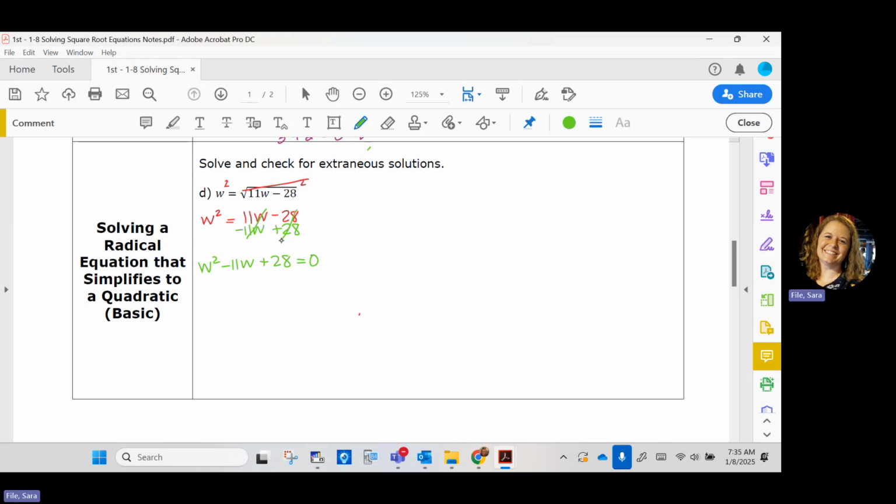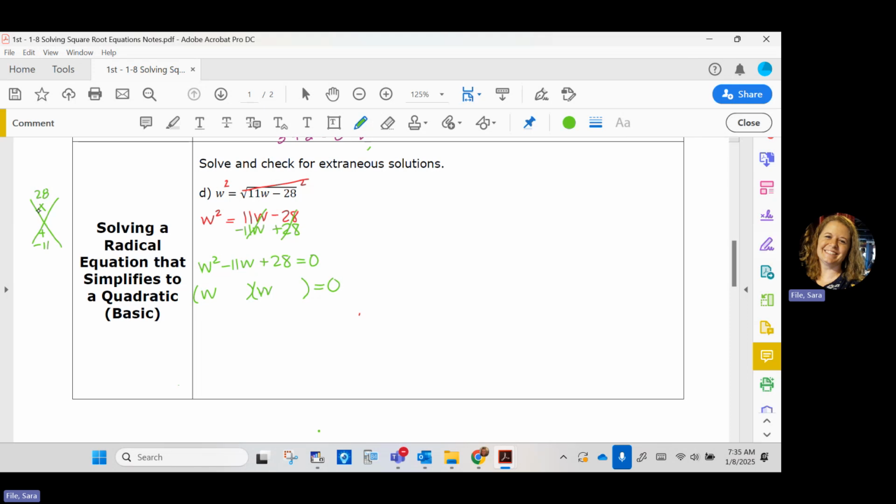So then it's a factoring problem. To factor this, because that a is an understood 1, the only factors of w squared are going to be w times w. I'm just asking myself what multiplies to 28 but adds to negative 11. If you like to show that X method of factoring and put that up here, and say, okay, what multiplies to 28 but adds to negative 11, if that's how you like to show your factoring work, you can do that.